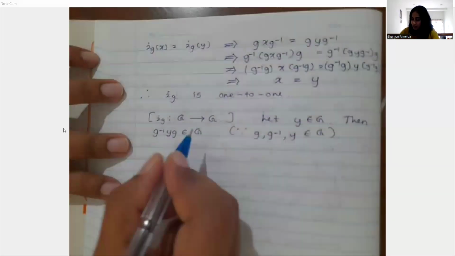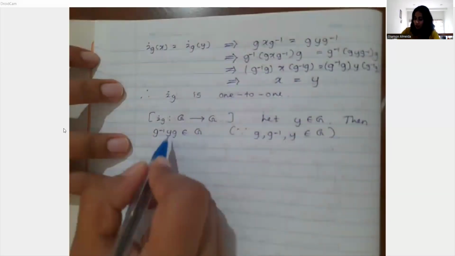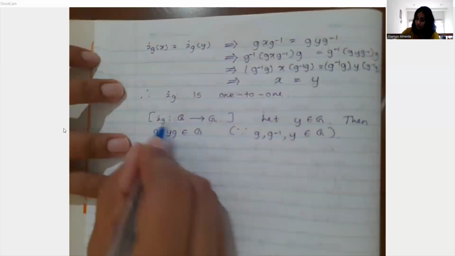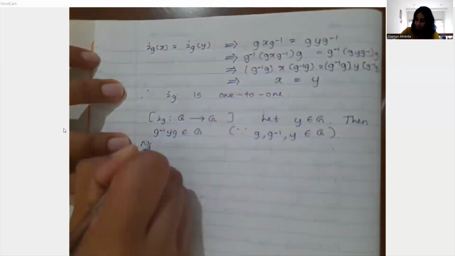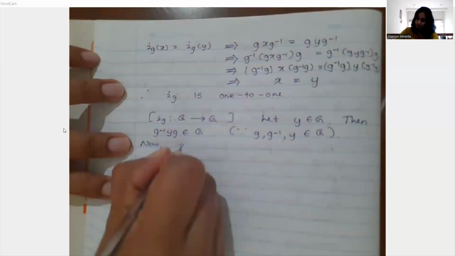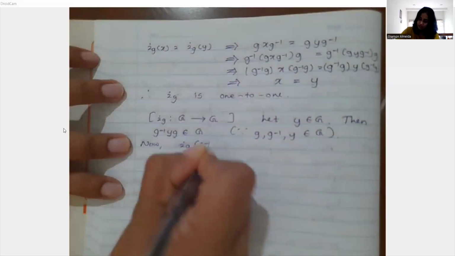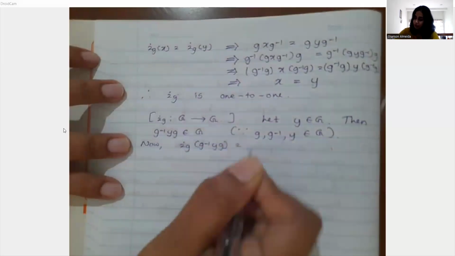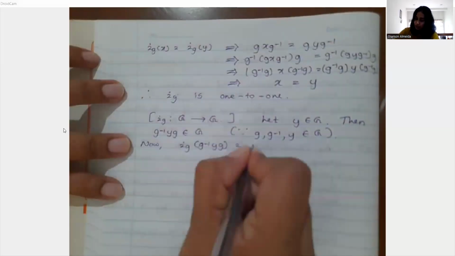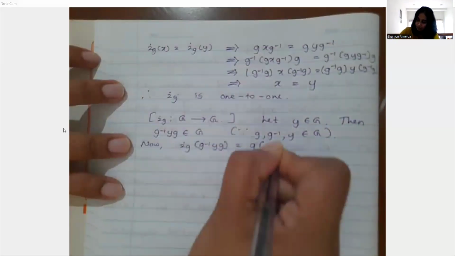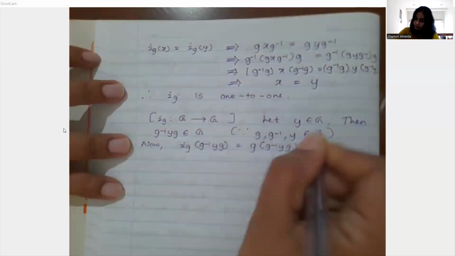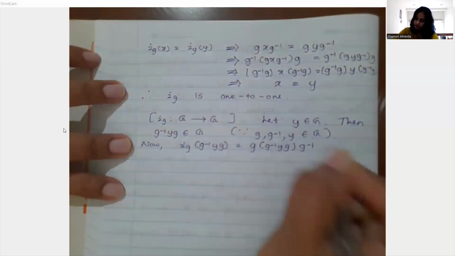Now see what happens when I map this element through this function I sub G. I sub G of G inverse yG is equal to, by definition of the function, G times the element times G inverse.